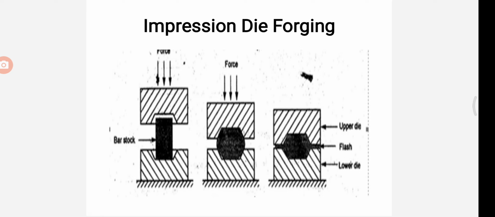In this process, some material flows outwards and forms a flash. The flash plays a significant role in the flow of material in impression die forging. The thin flash cools rapidly.